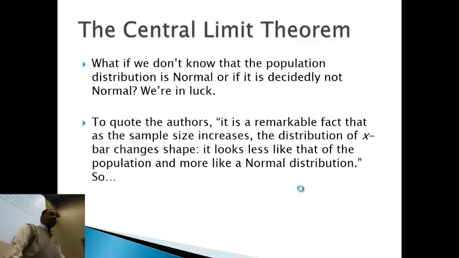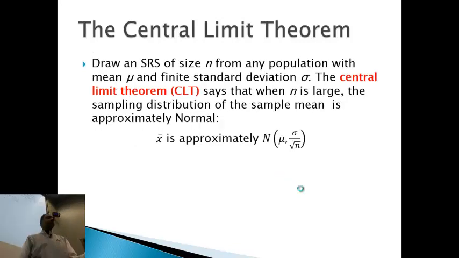Okay, so let's see here. Well, what if we don't know about the true population mean? Well, we're in luck, all right? So we have a so-called rule that we can use. And so in general, distributions become more and more like a normal distribution. That's no problem. And so we have the so-called central limit theorem. All right.